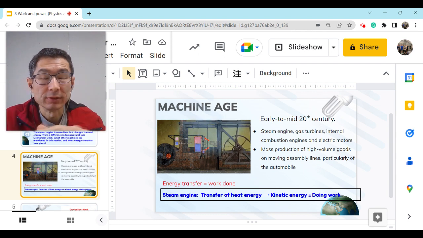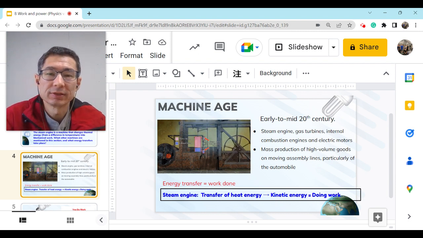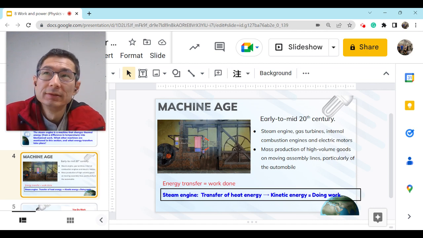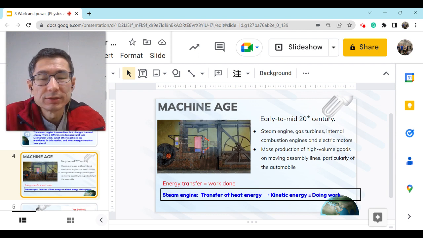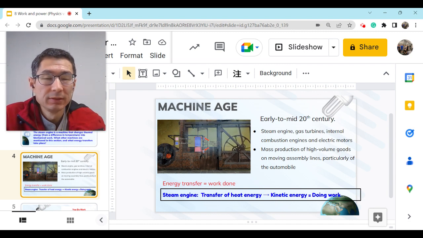In science we have specific definitions for all the words, like work. Work in physics doesn't mean going to a job or money, or energy. It doesn't mean I feel I've run out of energy, I feel tired.